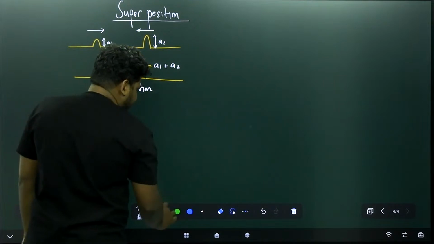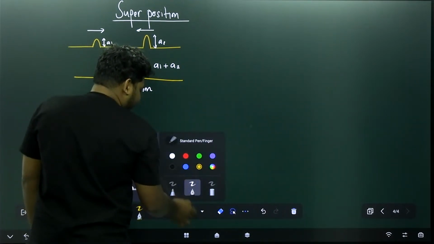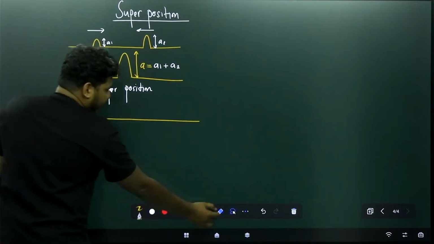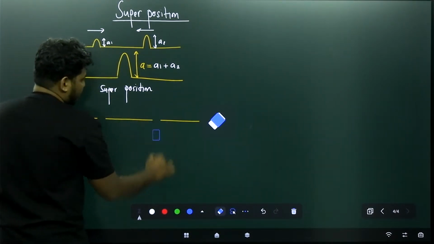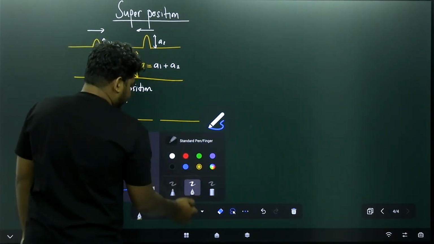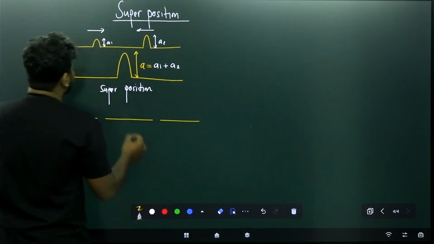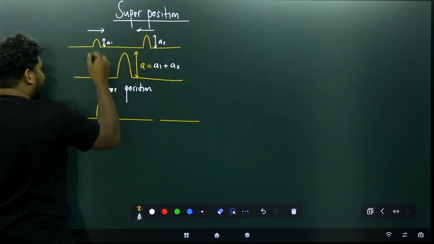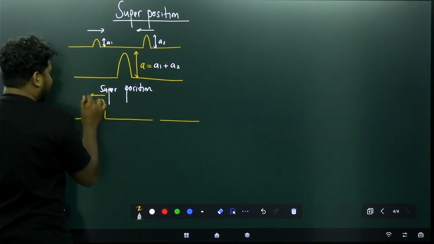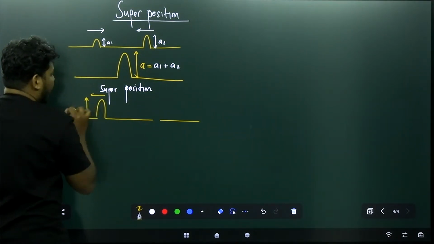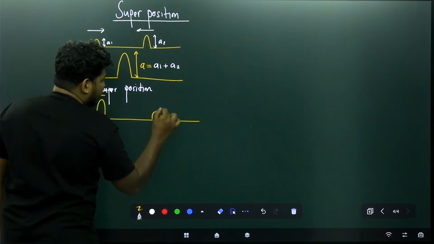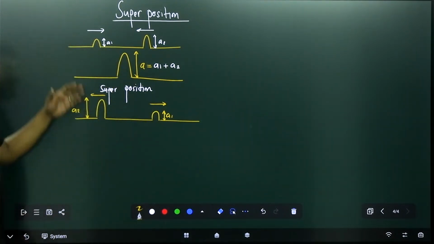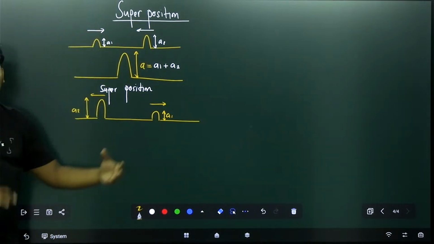After the superposition, they will move on their own way, with amplitudes A2 and A1, like this.